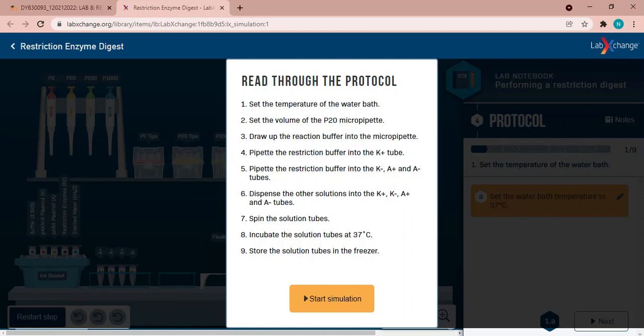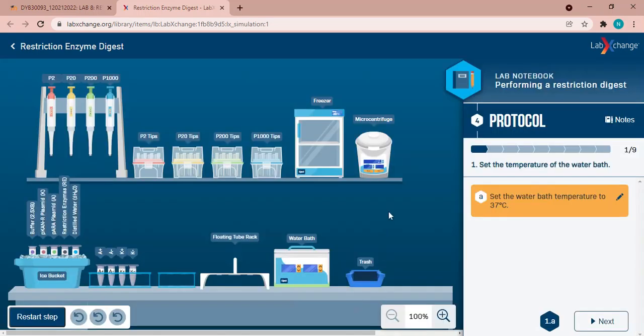Five, pipette the restriction buffer into the K minus, A plus, and A minus tubes. Six, dispense the other solution into the K plus, K minus, A plus, and A minus tubes. Seven, spin the solution tubes. Eight, incubate the solution tubes at 37 degrees Celsius. And lastly, store the solution tubes in the freezer. So, we can start the simulation.